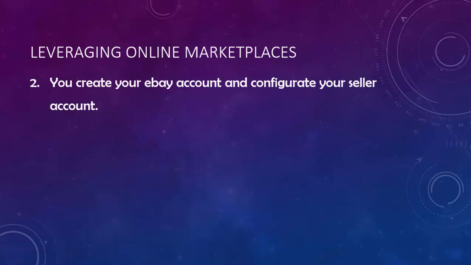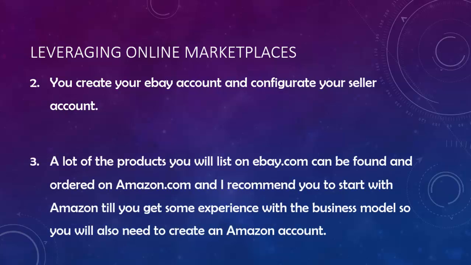Now, the second step is that you need to create your eBay account and configure your seller account on ebay.com. I will show you exactly how your seller account should look and how it should be configured. A lot of the products you will list on eBay can be found and ordered on Amazon.com, and I recommend you start with Amazon until you get some experience with the business model.